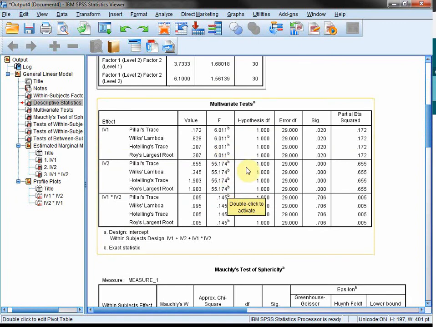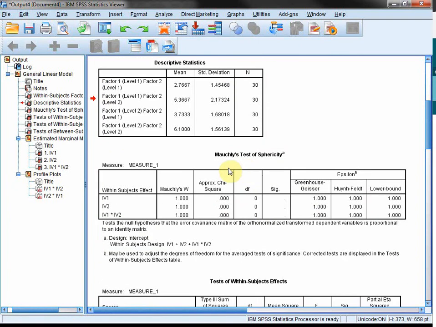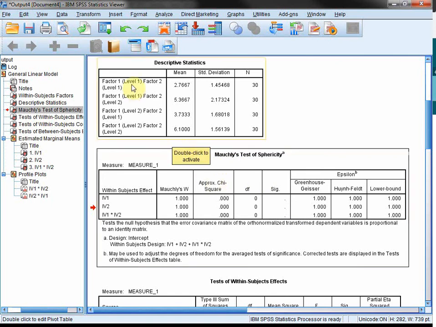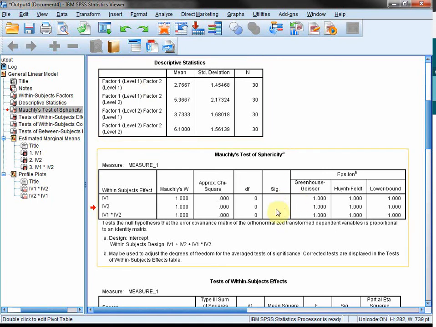We're not so interested in the multivariate tests here. Mauchly's test of sphericity is very important in within subjects repeated measures designs, but it's only relevant if we have more than 2 levels of any one of our factors or independent variables, which we don't in this case, which is why there are dots here.